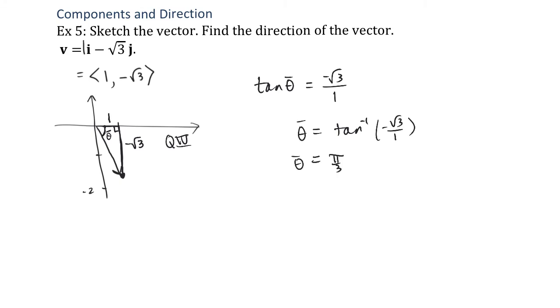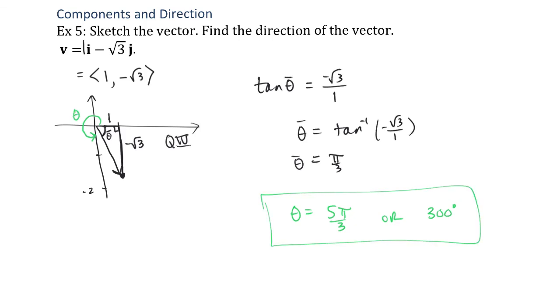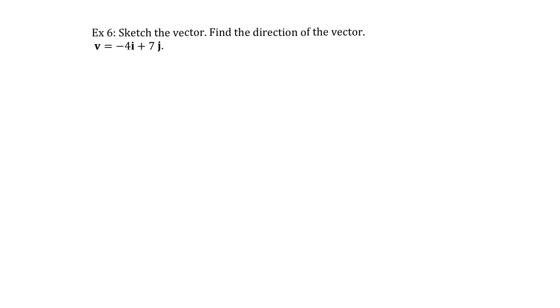So that's the reference angle. And now, because we're in quadrant 4, the angle of our vector here would be 5 pi over 3 or 300 degrees. Okay, we can try another one.